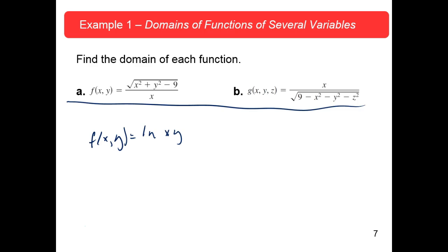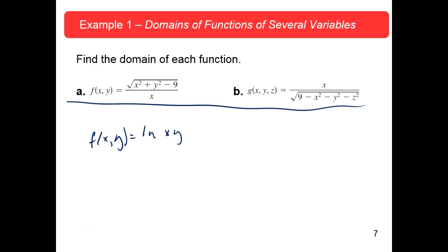So it's everything colored in on the first quadrant, but not the axes, and the third quadrant, but not the axes. That would be the domain here. Rather a weird domain. The origin, of course, is not on it because both would be 0.